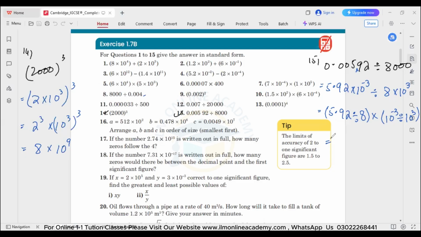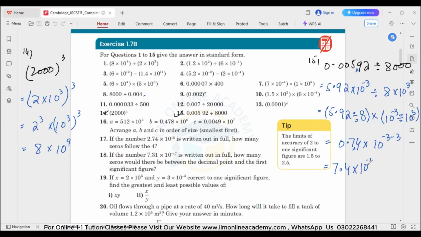Okay. So first of all, 5.92 you need to divide by 8. So this is coming 0.74. Along with this, negative 3, and this will also be negative 3 because of the division sign. Okay, as we need to subtract the powers. So again, this is 0.74. So I need to give the answer in standard form. So I will apply the decimal point after 7. So it will be 7.4 times 10 raised to the power negative 1.